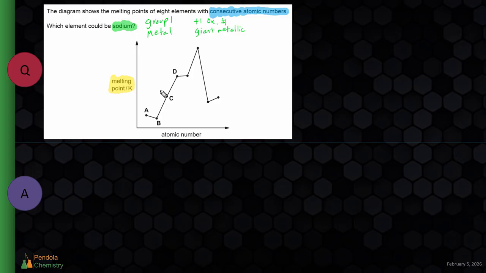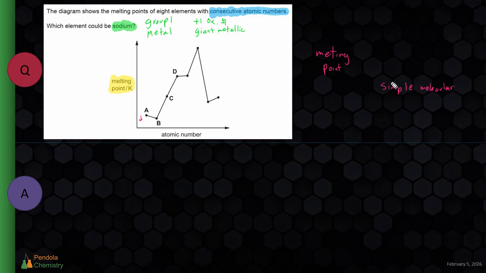Now, looking at our chart, we've got to see a few things here. First of all, let me change my color here. The melting point from A to B decreases. It drops from A to B. Now, if we remember what we discussed in earlier chapters and earlier in this chapter, we've got to remember that as far as melting point is concerned, things with simple molecular structures have the lowest melting point.